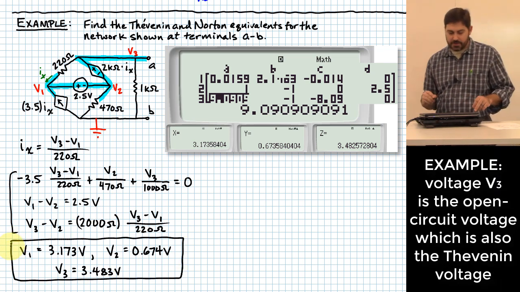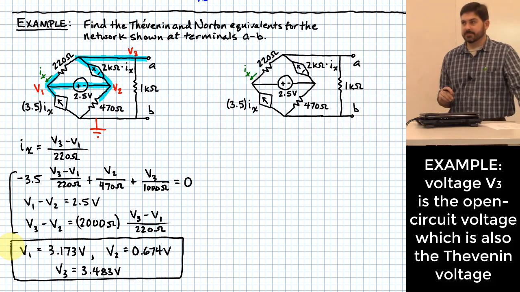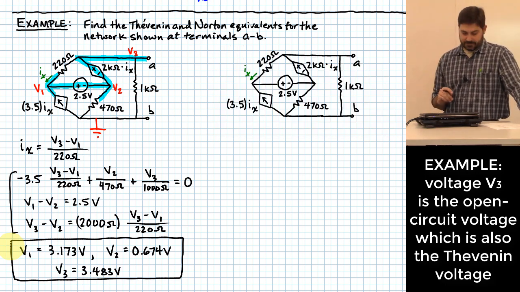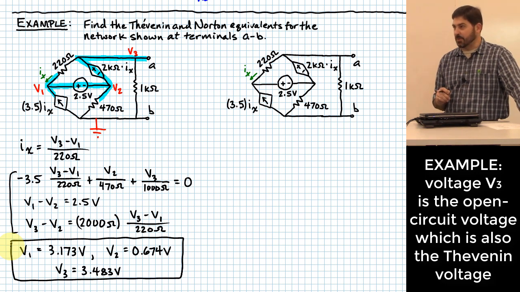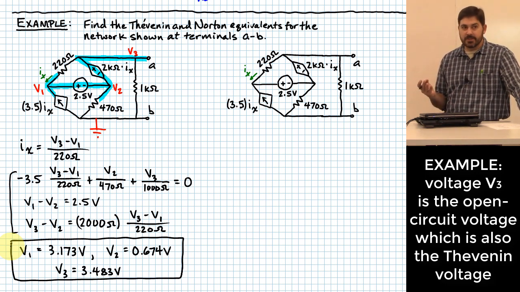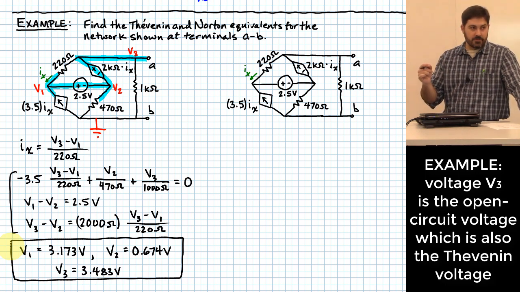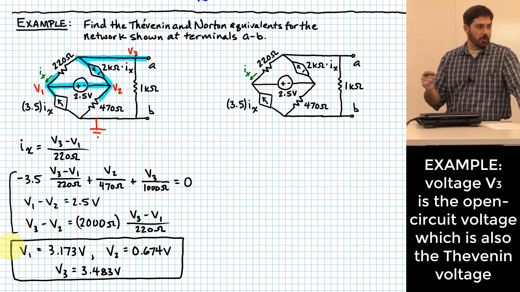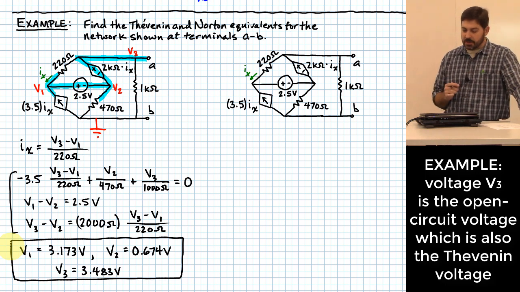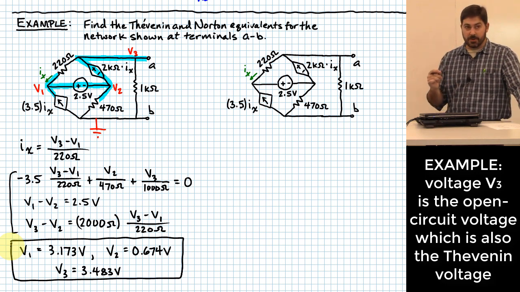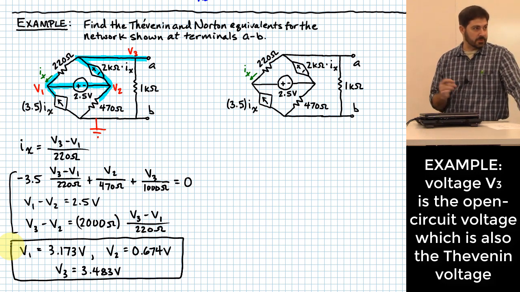Are any of those results especially meaningful to me? Okay, maybe I'll ask it a different way. What were we supposed to find? We're supposed to find an open circuit voltage, right? That's what we do with the Thevenin technique. Where is that open circuit voltage for this network? It's the voltage across terminals A and B, right? That's what we're trying to find, the Thevenin equivalent across AB.